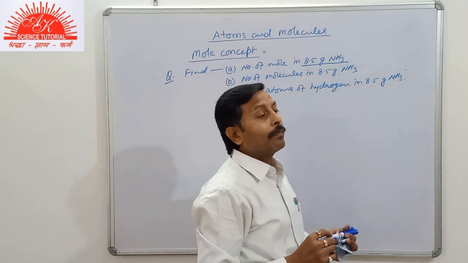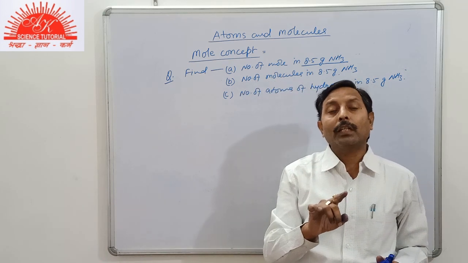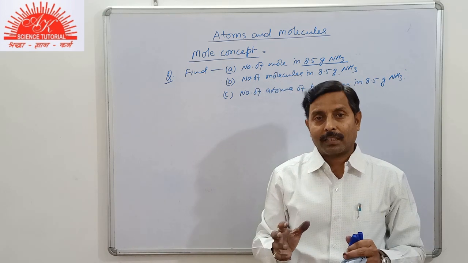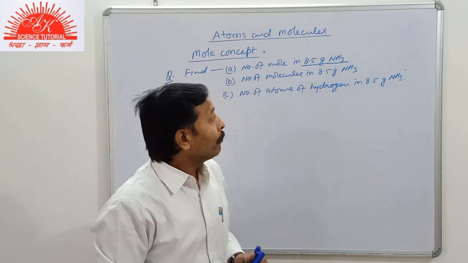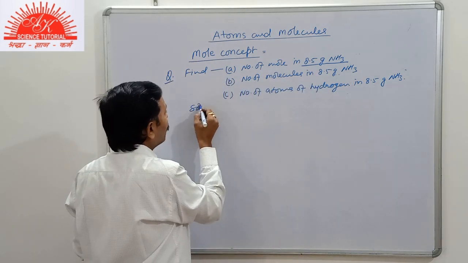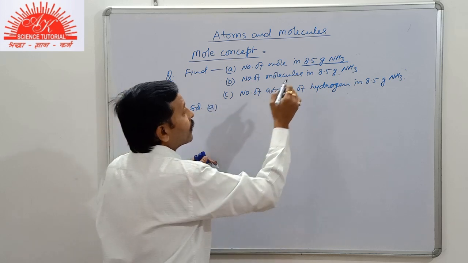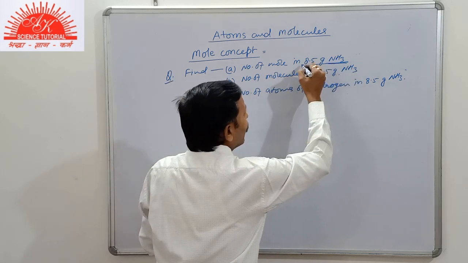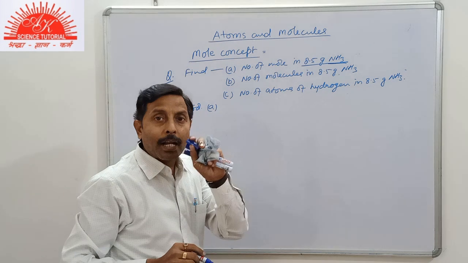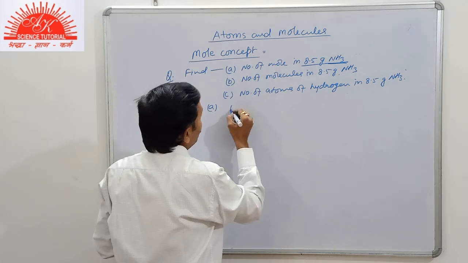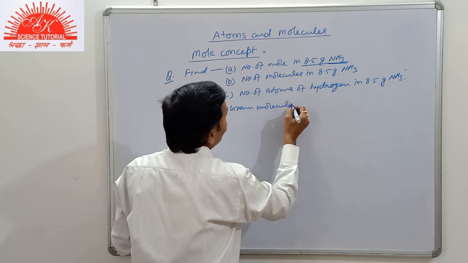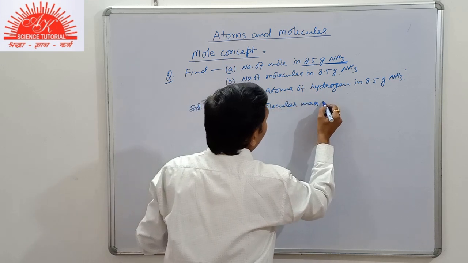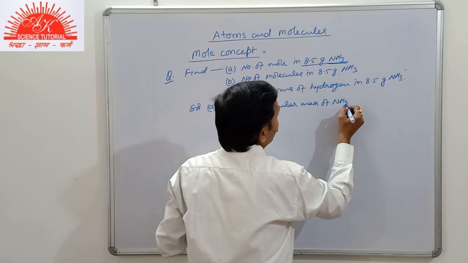So this time you will compare it with gram molecular mass, not with the gram atomic mass. Means if we solve it, since this is the molecule and mass is given, we will use gram molecular mass. So first of all we write gram molecular mass of ammonia.